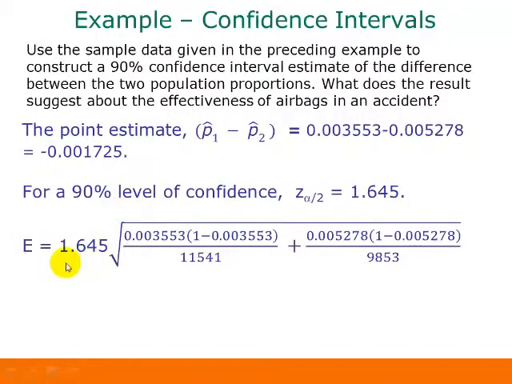And here's our formula for our margin of error. Here's our Z of alpha over 2, and here are our two sample proportions and sample sizes in the formula. And if we calculate this, our margin of error turns out to be 0.001547.